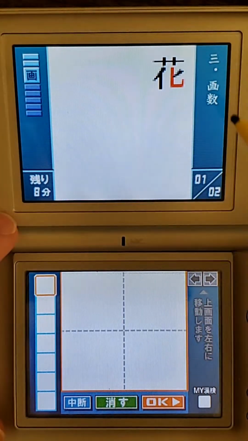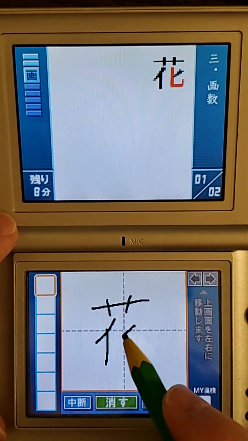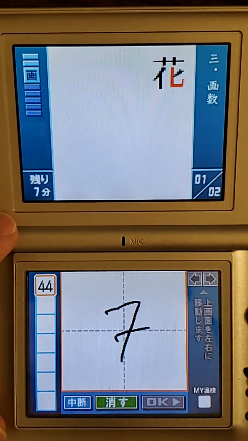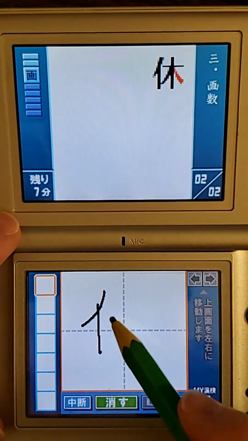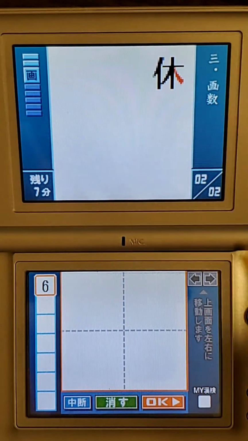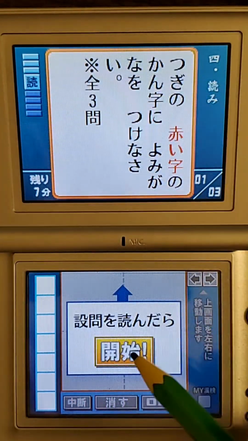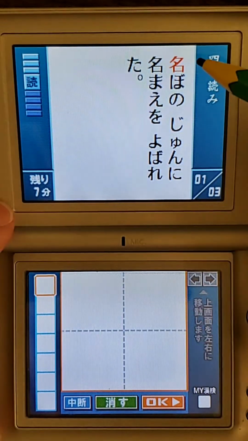Yeah. Okay, so this is 1, 2, 3, 4, 5, 6, 7. So the 7th stroke there. All right, this is 1, 2, 3, 4, 5, 6. So 6. So level 10, yeah, they give you some extra stroke order parts because that's good. Kanji is all about stroke order.